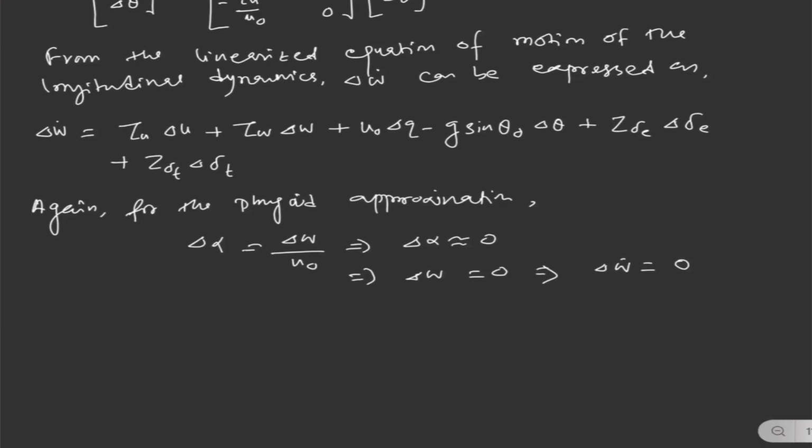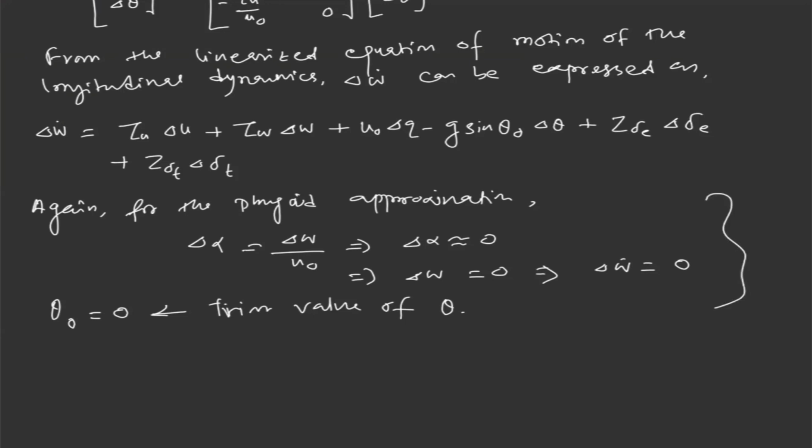Based on this assumption, we have another assumption. If you consider the reference angle for theta, which is theta naught, equal to 0, we can assume this is the trim value of theta.